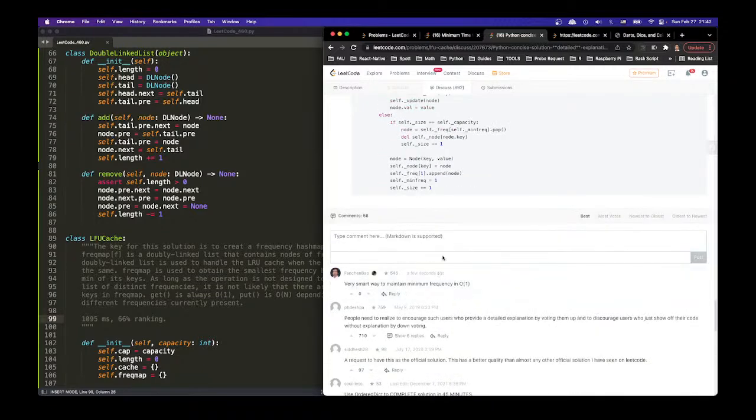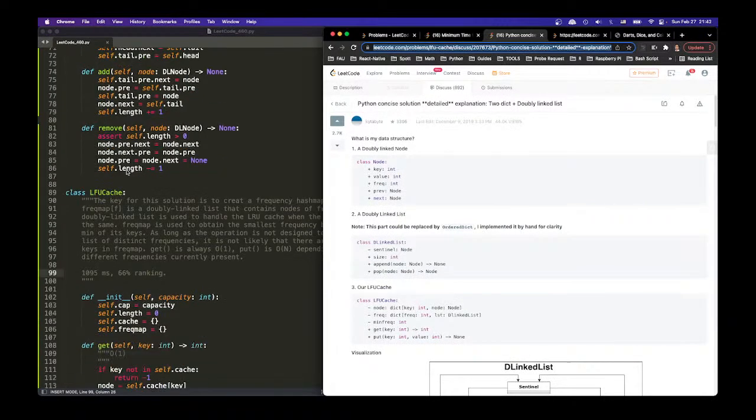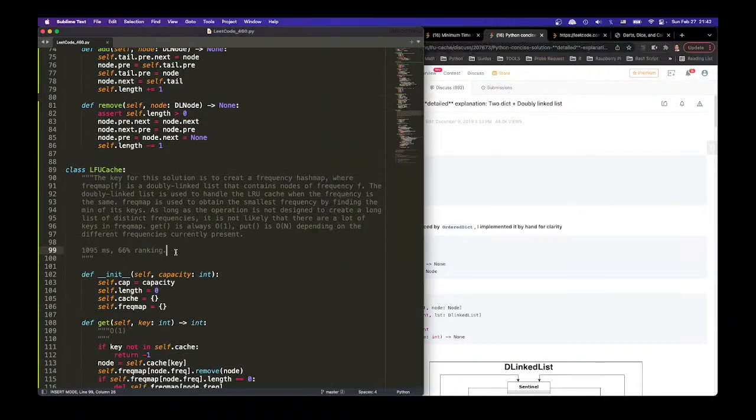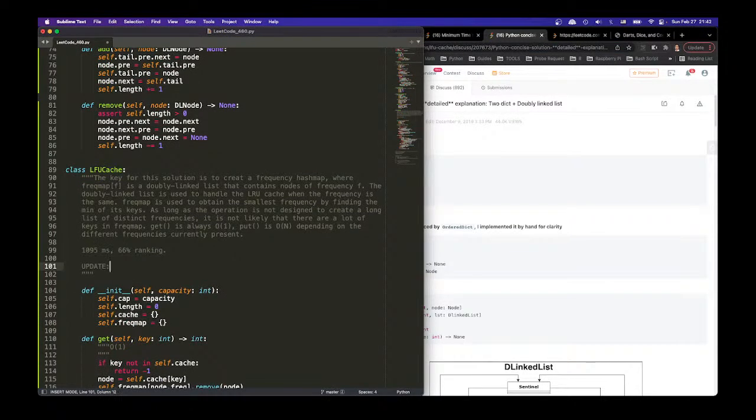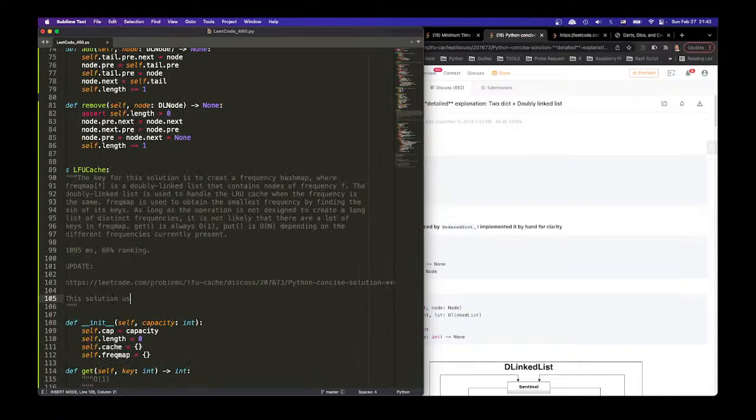I don't think these people can see this anymore, but that's fine. Update. This solution uses a very smart way to maintain minimum frequency in O(1).